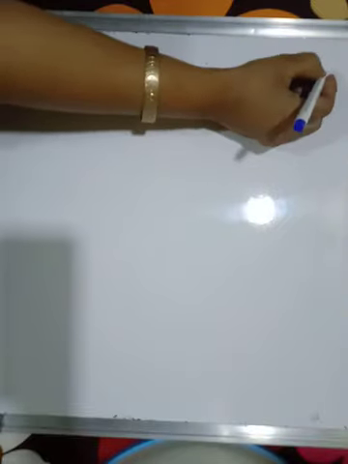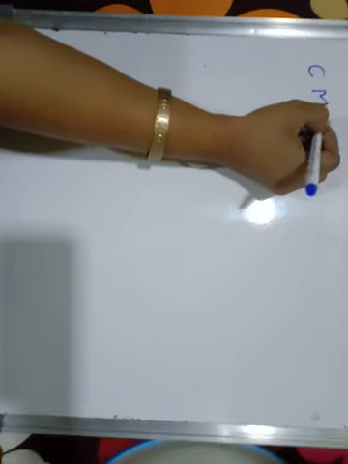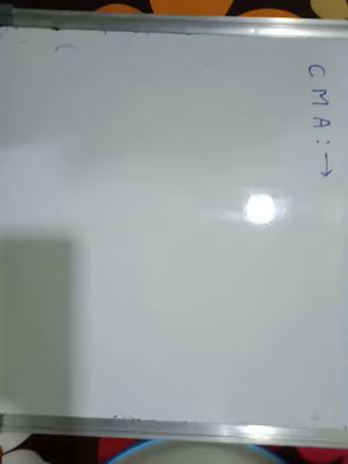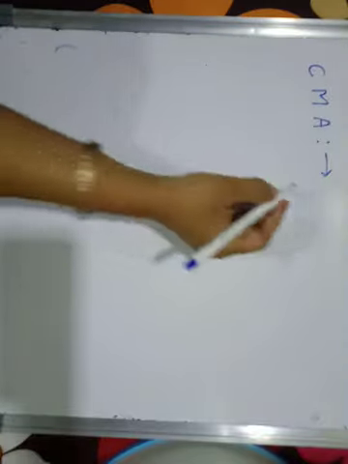Okay, so the next instruction that we are going to see in the logical group is CMA. This CMA stands for complement the content of accumulator.